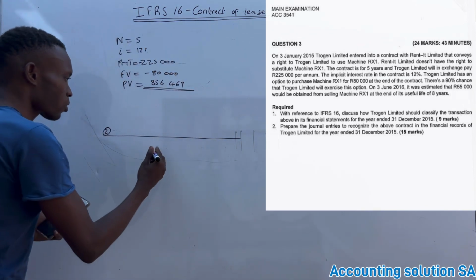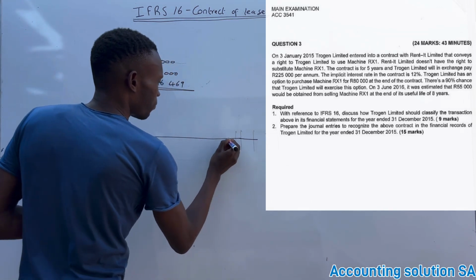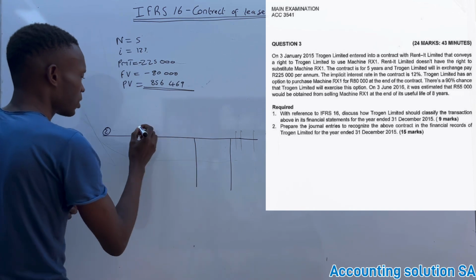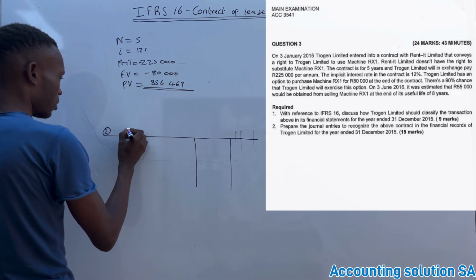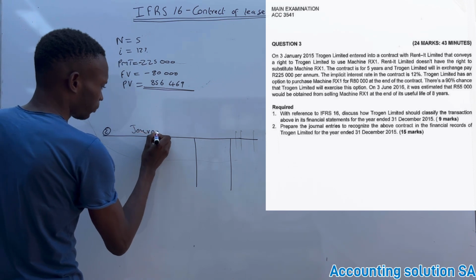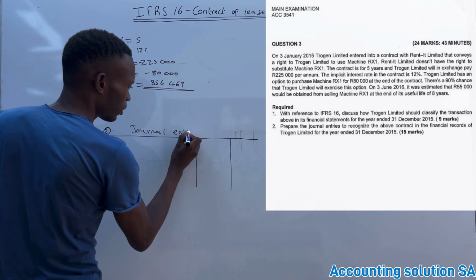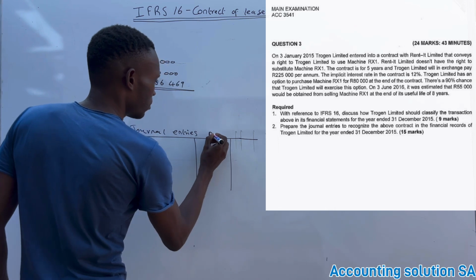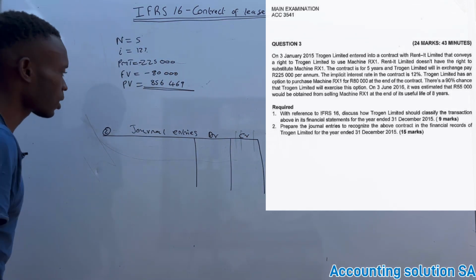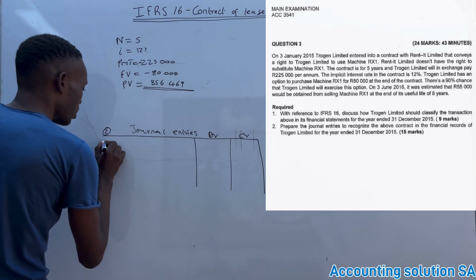Okay, now we have recognized the present value, which means that now we can go to the journal entries, with a debit side and a credit side. Our first journal, obviously, we are going to recognize the machine.